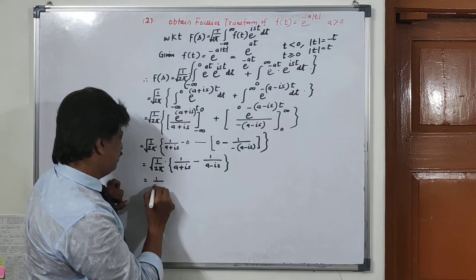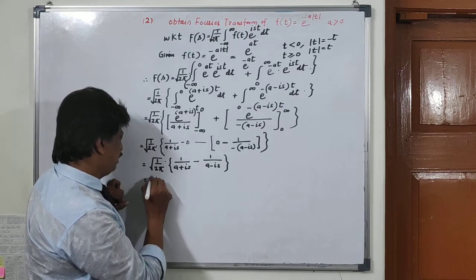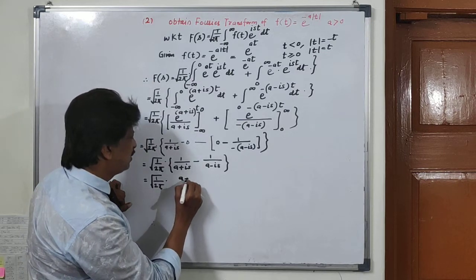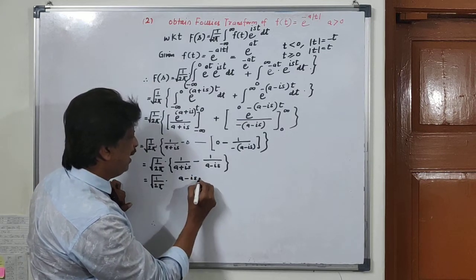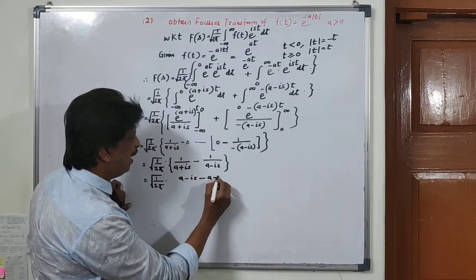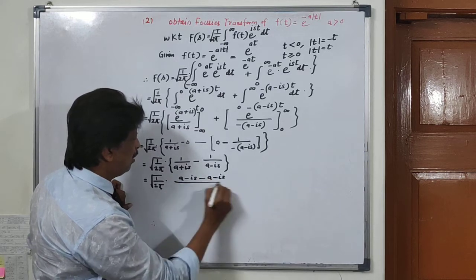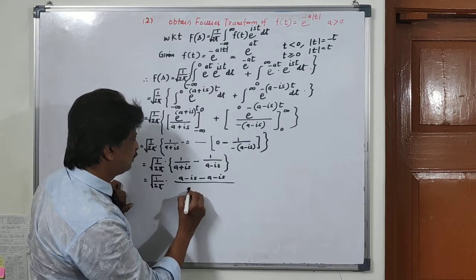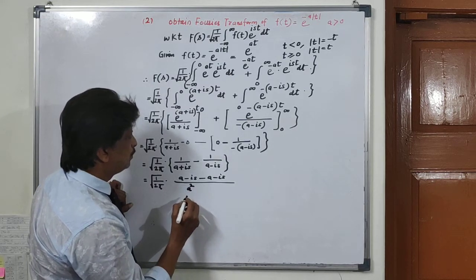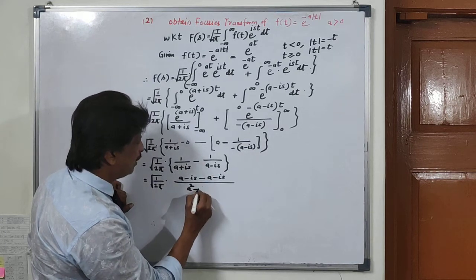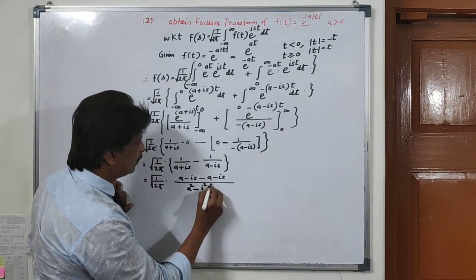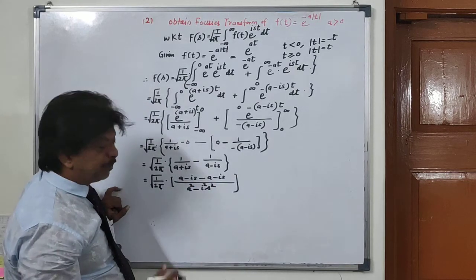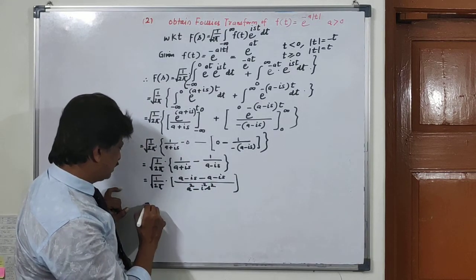Let us simplify this: a minus is minus a plus is upon a square minus i square s square. a plus ib times a minus ib is a square plus b square. So here it is a square plus s square.